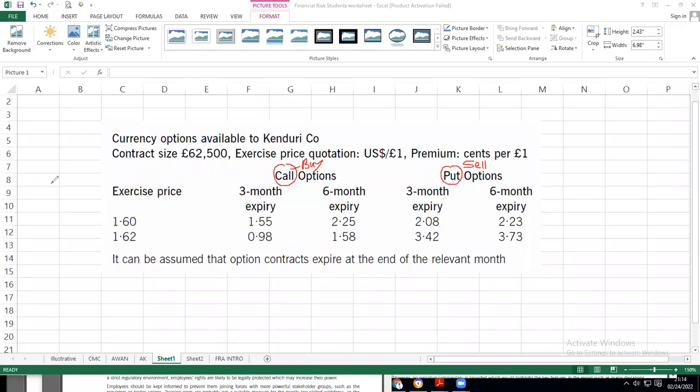Now let's read this. What does it mean? Gilbert, you can go to this exchange and tell them that you want this one here. I want the right to buy. To buy what?